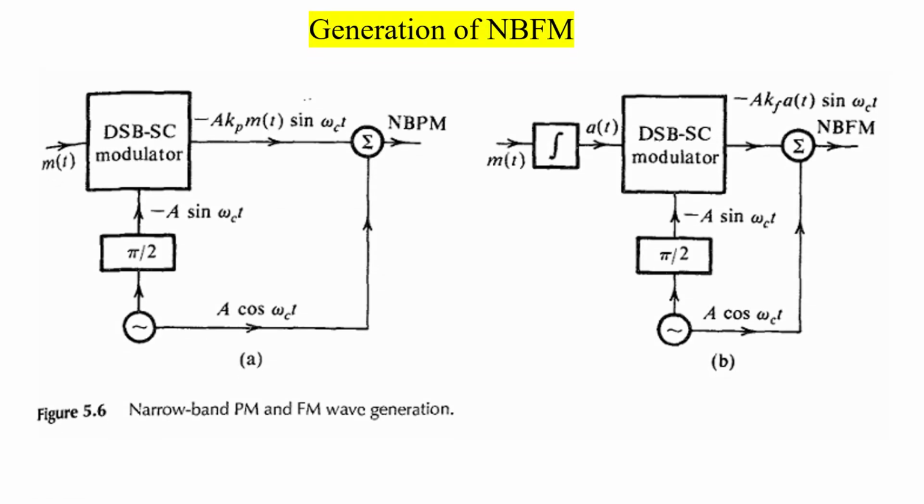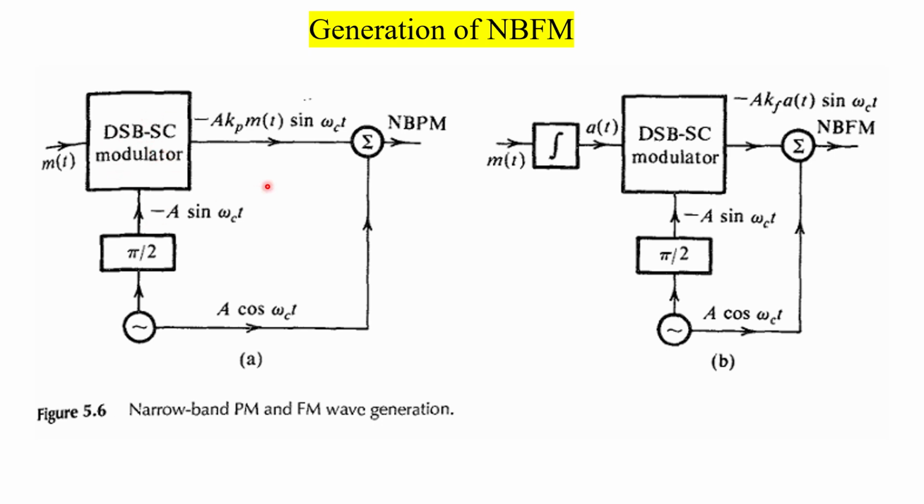Now, generation of narrowband frequency modulation. Since narrowband frequency modulation is very similar to amplitude modulation, we are going to use the DSB-SC modulator here. So m(t) is your message signal and here is your carrier wave. Use the Hilbert transform, that is, shift the angle by π/2, so cosine turns into sine, and then pass through the DSB-SC modulator, which we have already discussed.